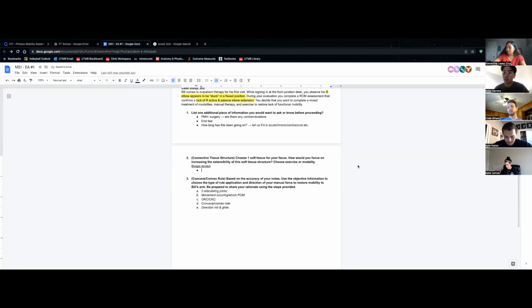How would you focus on increasing extensibility? So for tendons, she said you have to do a progressive and slow tensile loading program. So I put that I would focus on the joint capsule, maybe some type of mobilizations to help incorporate that flexion and extension.